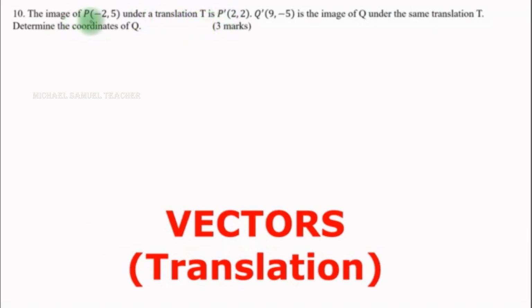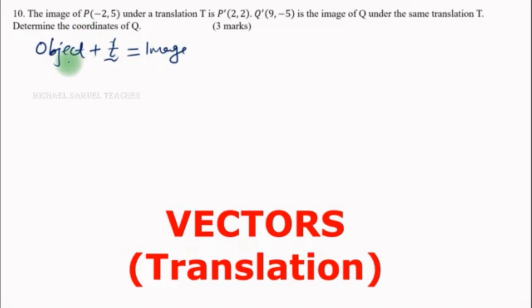Therefore P is the object, then plus a translation whereby we get the image.